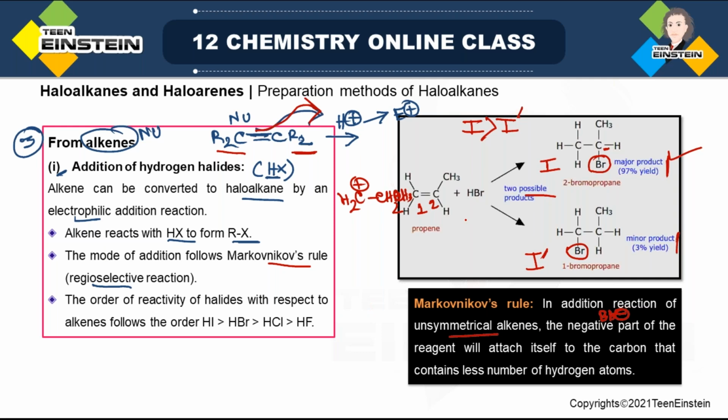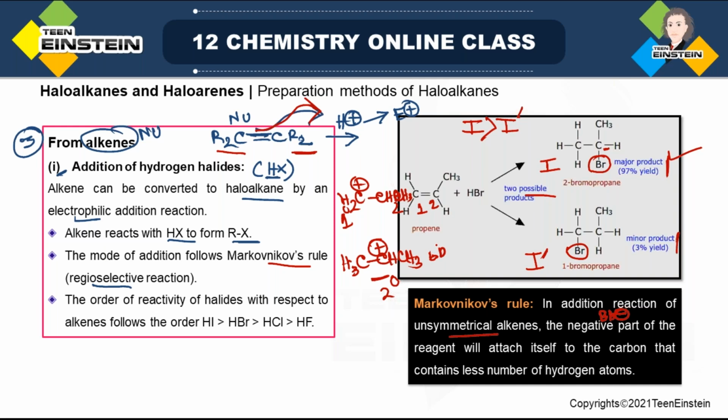And if protonation is happening at carbon number 1, now it will be CH3, CH, CH3, now with the positive charge here. But among these two carbocations, this one is more stable because it is 2 degree. This is 1 degree.